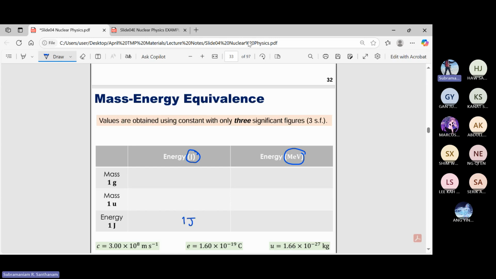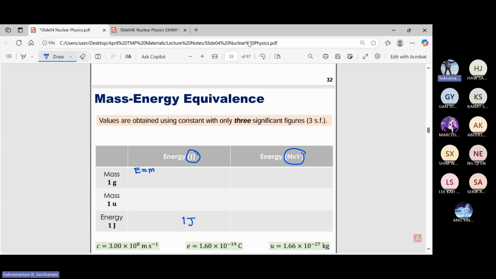But when you convert to MeV, how do we do that? We'll come to that. First, how do we work out the energy for one gram? If there is a mass defect of 1 gram, what will be the amount of energy?